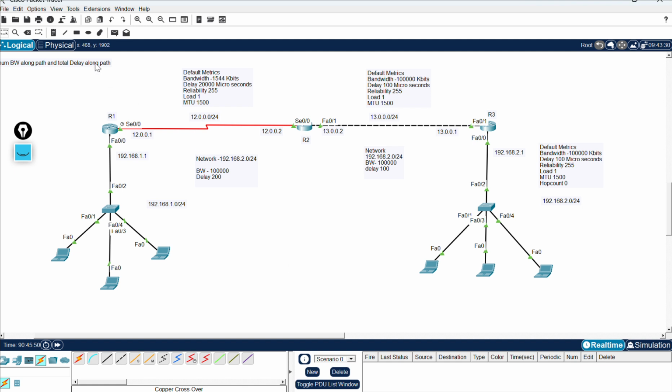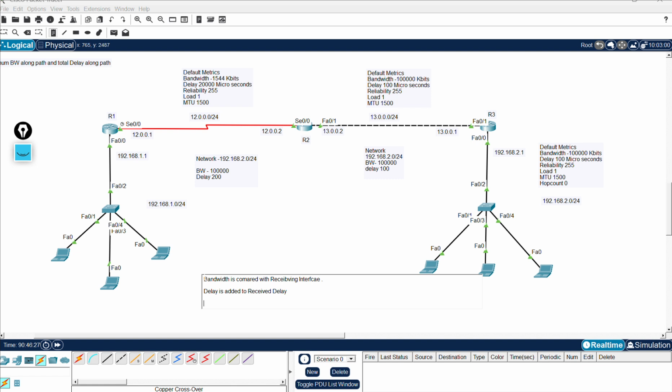So remember these points: bandwidth is compared with the receiving interface, and delay is added to the received delay.